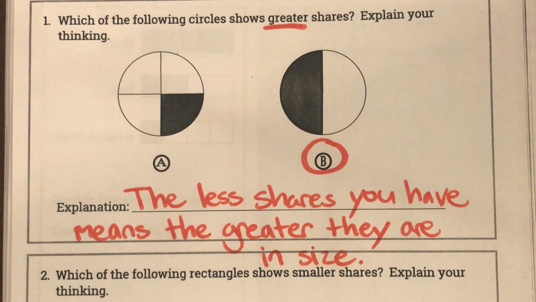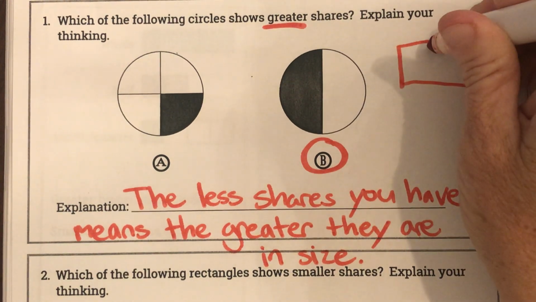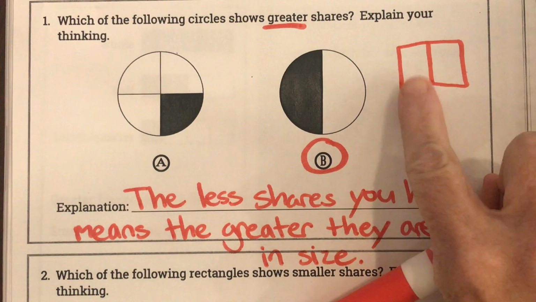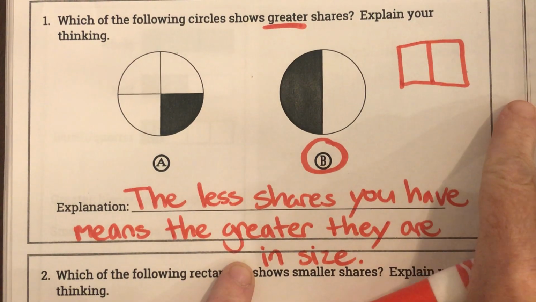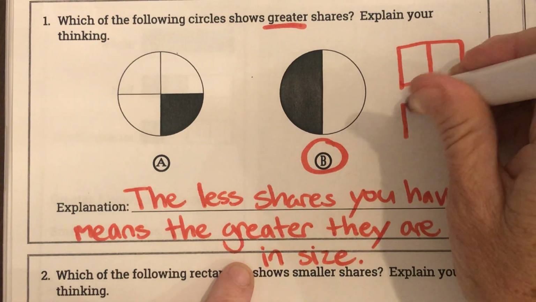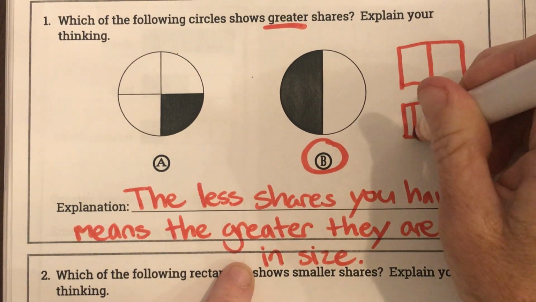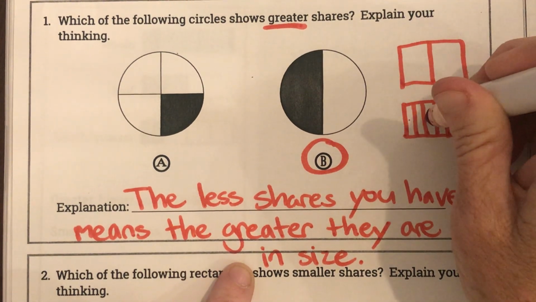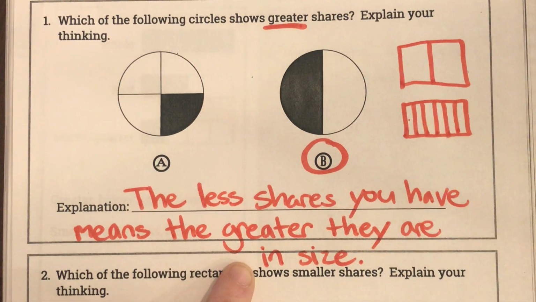If I took my absolute favorite cake, I'm going to draw a rectangle, and I only had to share it with 2 of my friends, so there were only 2 shares, wouldn't they be greater in size? But what if I took that same cake and I had to cut it and share it with 1, 2, 3, 4, 5, 6 people?